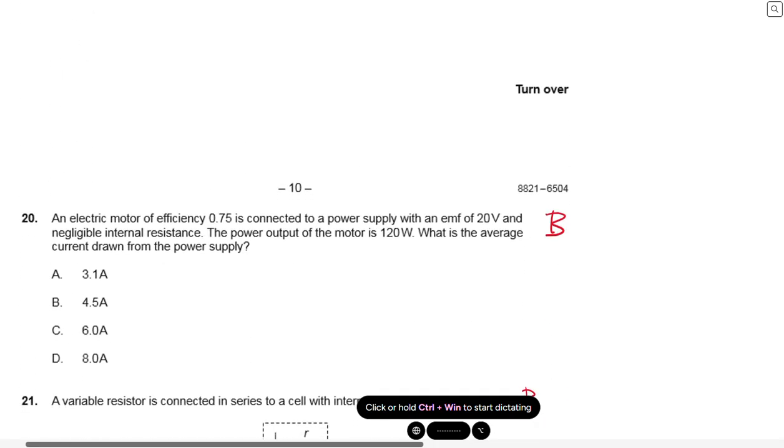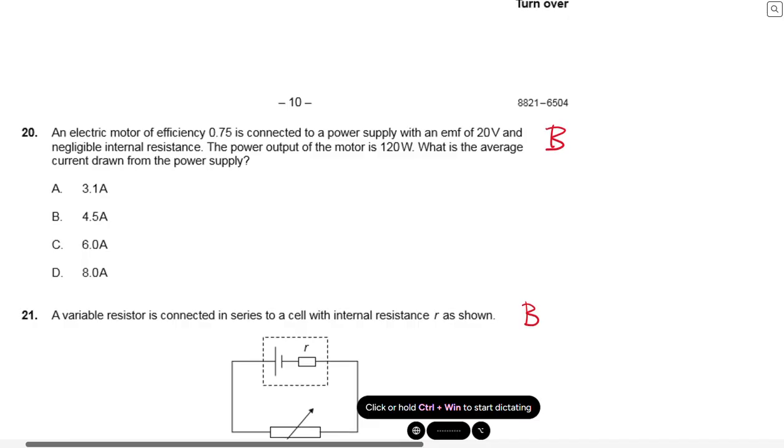So this is B. Let's see. An electric motor of efficiency 0.75 is connected to a power supply. The power output is 120. What is the average current drawn from the power supply? So power is equal to voltage times current, and this would be power out.